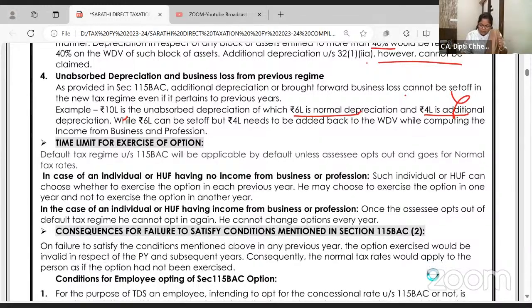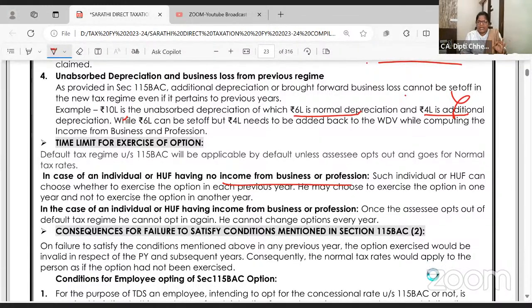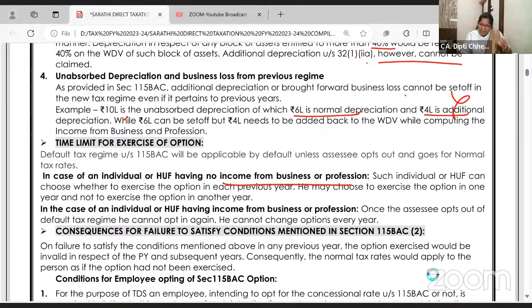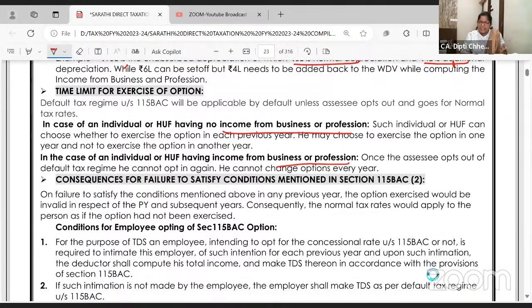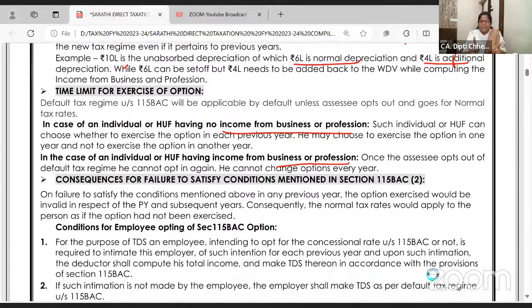Those who do not have business income can decide every year whether you want to go for the 115BAC default tax regime or the normal regime, your choice. If you have business income, you have to decide once. If you opt out, you cannot opt in again while you have business income.